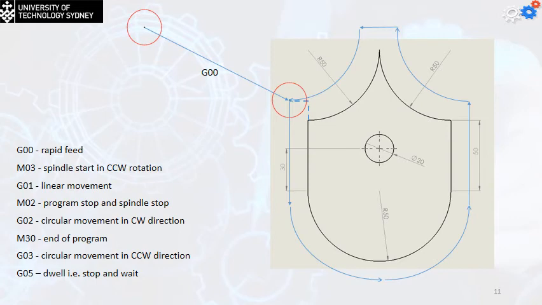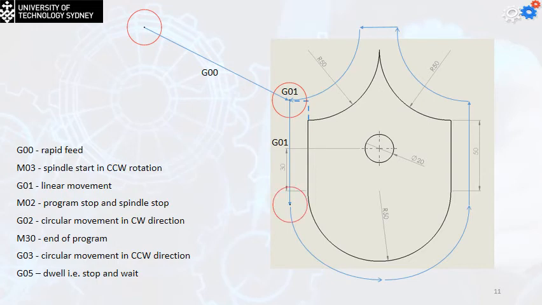The next step, I have to do the profile cutting. So I will go downward to the next point, which is at the end of this arrow. G01 was for the penetration, then G01 in a straight line to the new point.